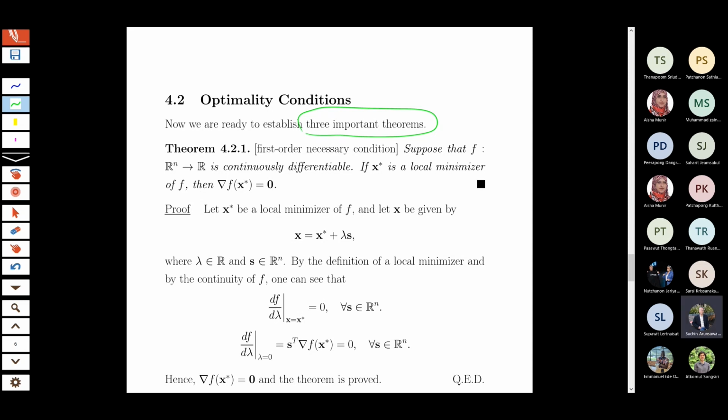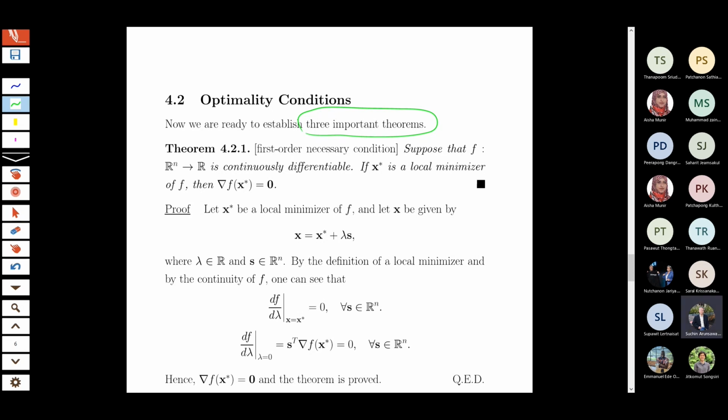When we consider a necessary condition for optimality, we want to see what happens at the optimality, what is the consequence of the optimality.